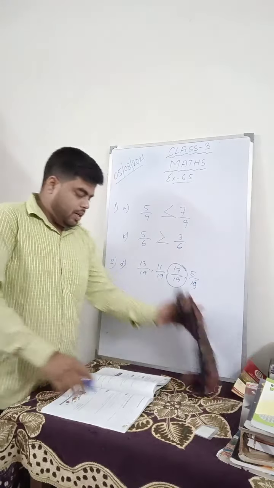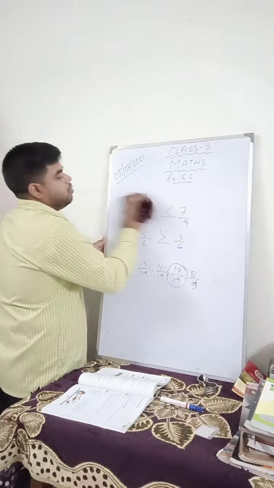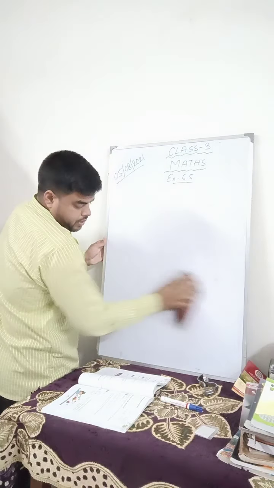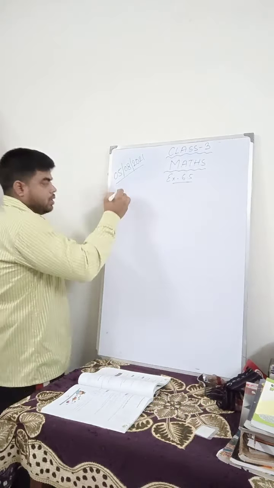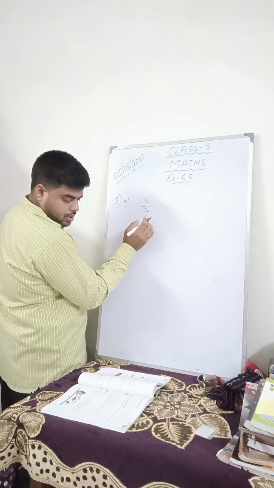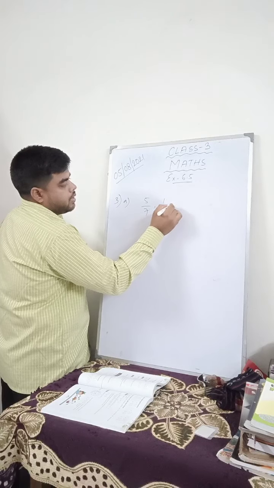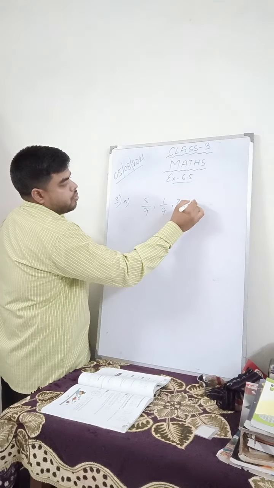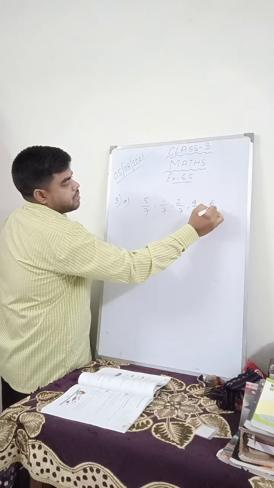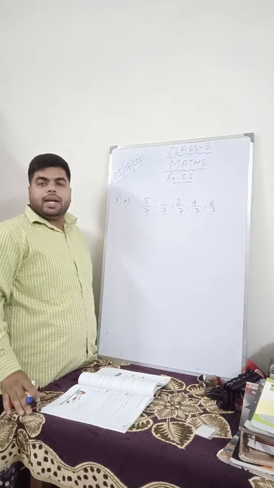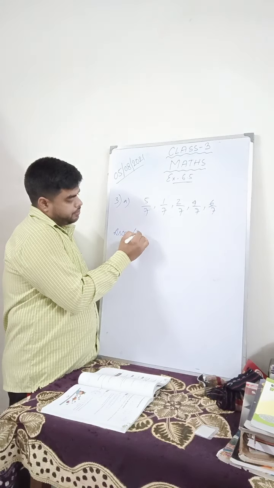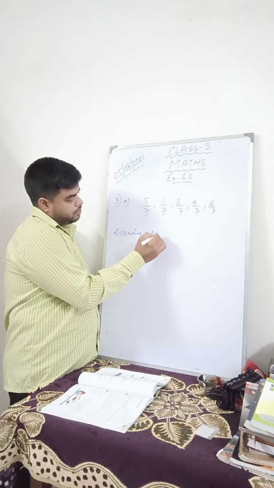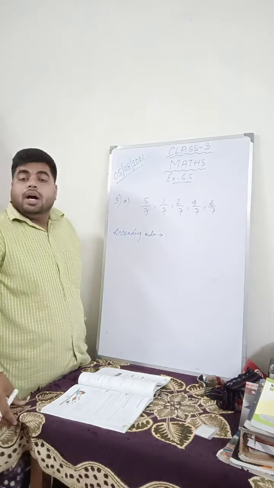Now let me erase this so that I can show you ascending and descending of fractions. Question number 3a. Let me write here 5 by 7, 1 by 7, 2 by 7, 4 by 7 and 6 by 7. You have to write this in ascending order. How will you know?